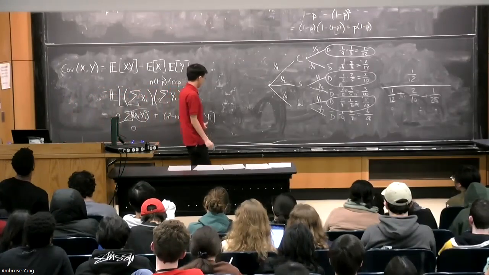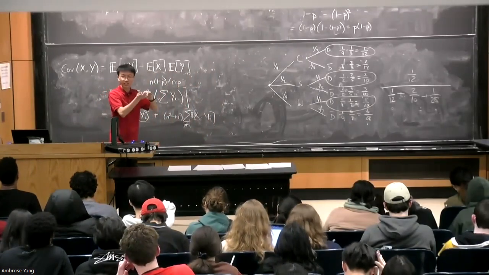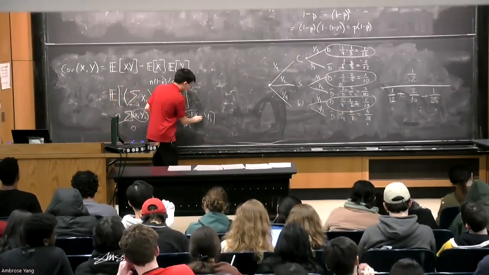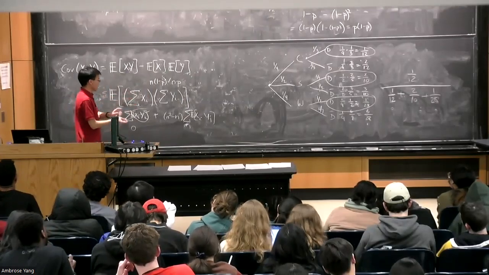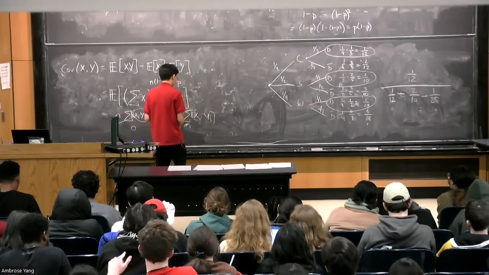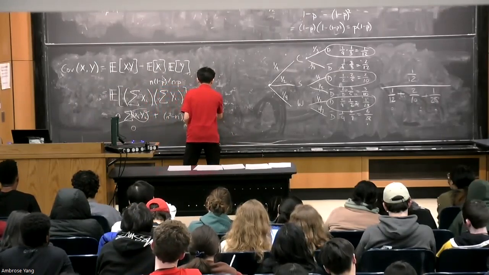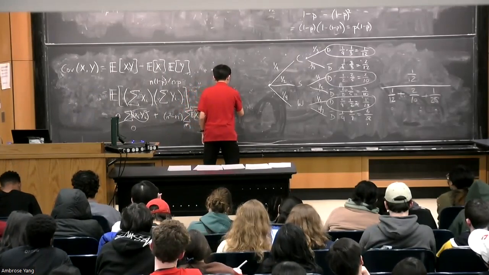What's xi, yj? Well, since the moves are independent, E of xi yj is just E of xi times E of yj.